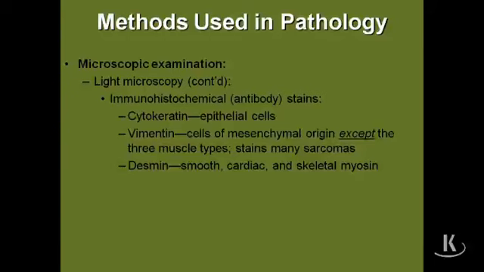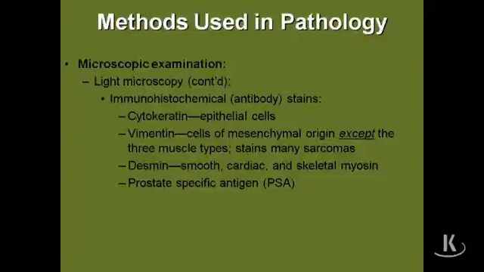And desmin, what are the three muscle cells that we recall? Smooth muscle cells. We have cardiac and skeletal. And so that becomes important identifying, for example, a leiomyoma of the uterus. We know it arises from the myometrium, but if you had to prove that it's smooth muscle origin, this is the stain that one could use to identify that it's of smooth muscle origin.